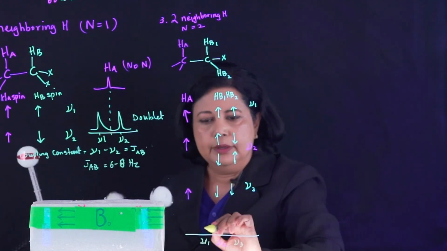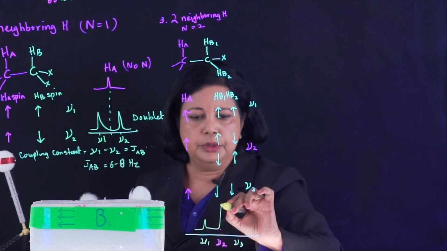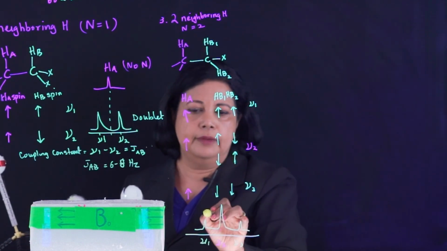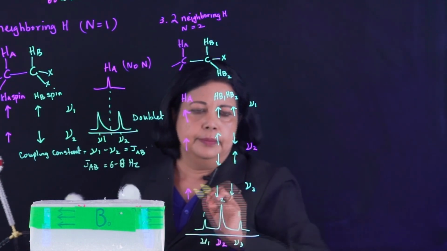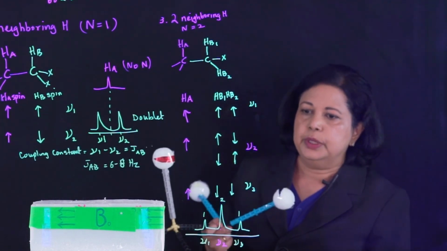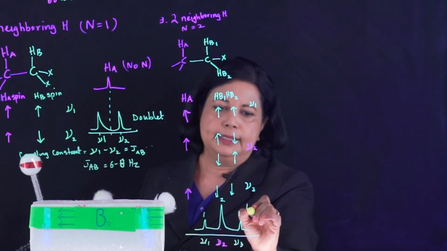And the ratio between these peaks is going to be 1 to 2 to 1, because that's the probability of having those spins at any one point in time. So you get what you call a triplet. This is called a triplet.